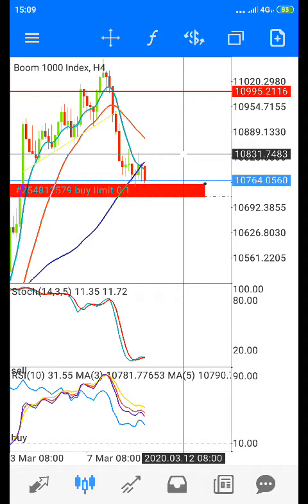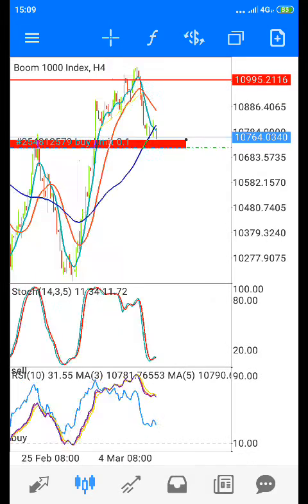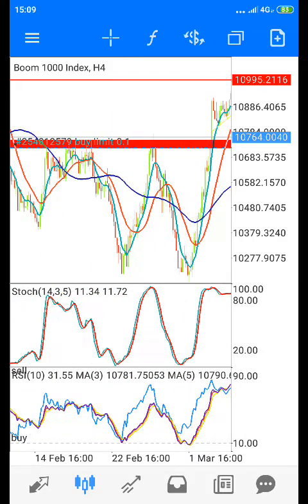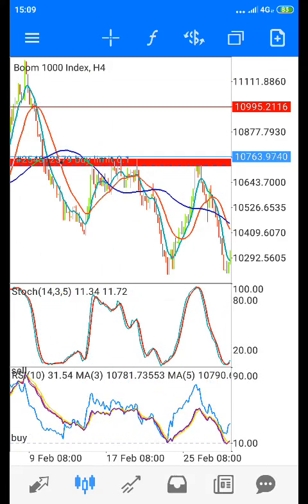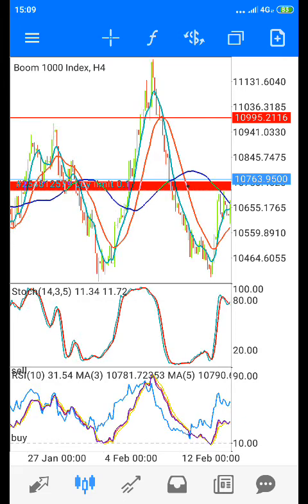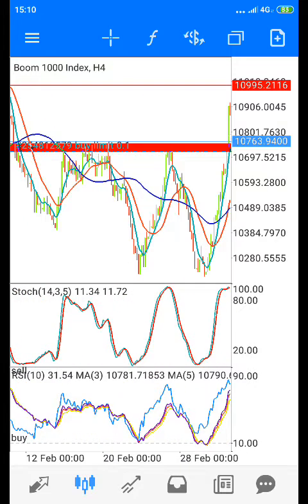But what you have to do on high time frame is draw a support zone and resistance zone.